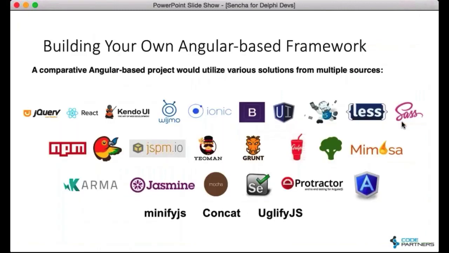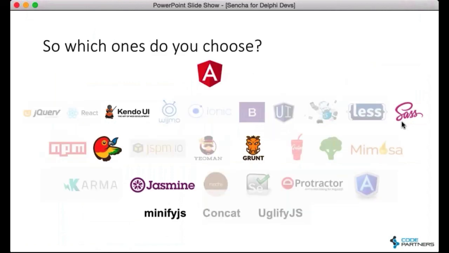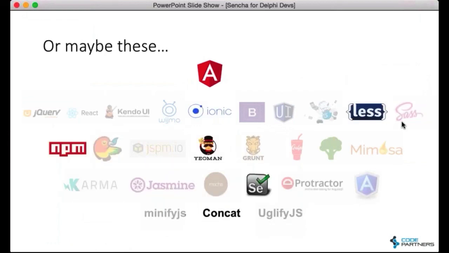And so my Angular application ends up being different from your Angular application, because I've chosen this set of different frameworks and libraries to combine with Angular, whereas you might have chosen this set, and for different reasons.